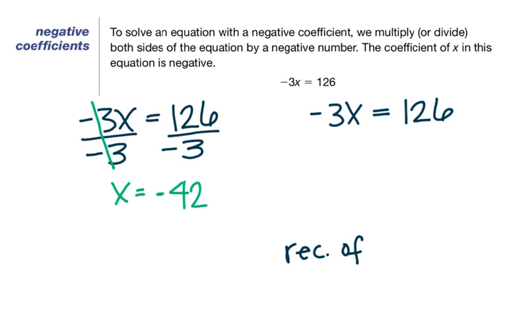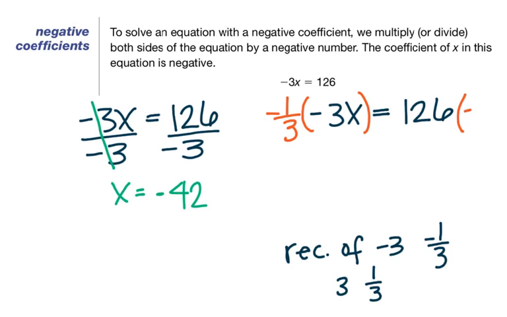What's the reciprocal of 3? The reciprocal would be 1/3. So the reciprocal of negative 3 is negative 1/3. So we could multiply by a negative 1/3 on both sides.